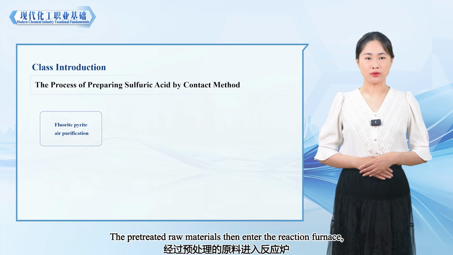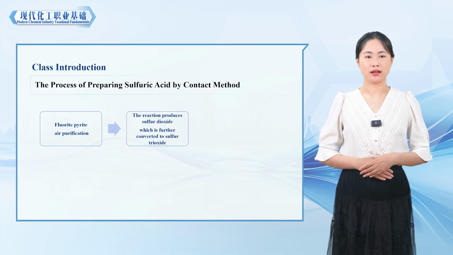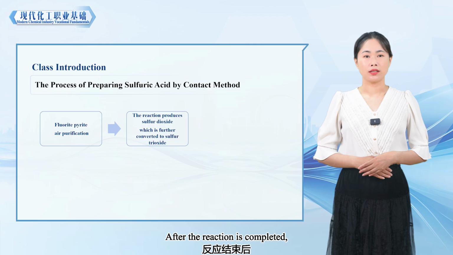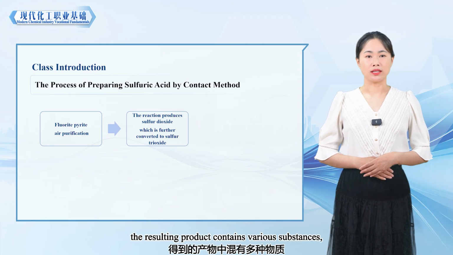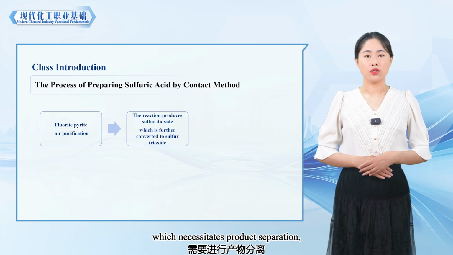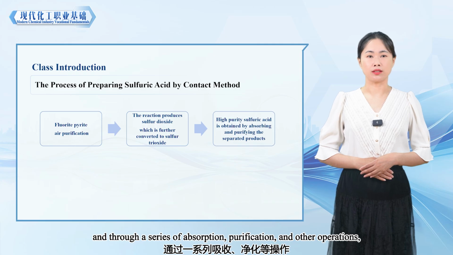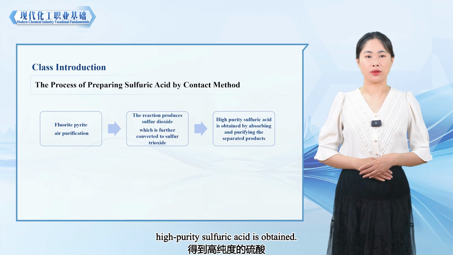The pretreated raw materials then enter the reaction furnace, where a chemical reaction occurs, and the generated sulfur dioxide is further converted into sulfur trioxide after the reaction is completed. The resulting product contains various substances, which necessitates product separation, and through a series of absorption, purification, and other operations, high-purity sulfuric acid is obtained.